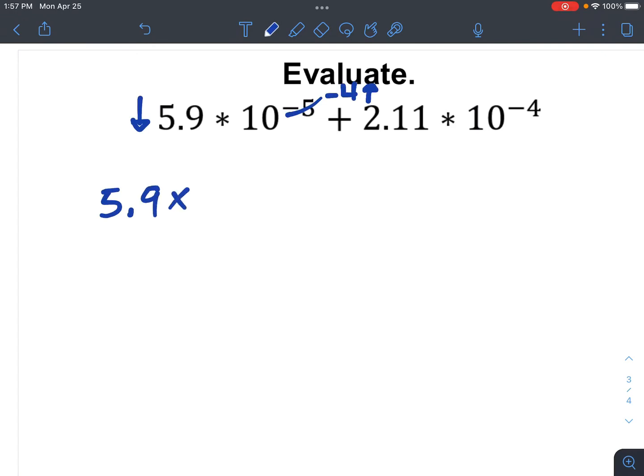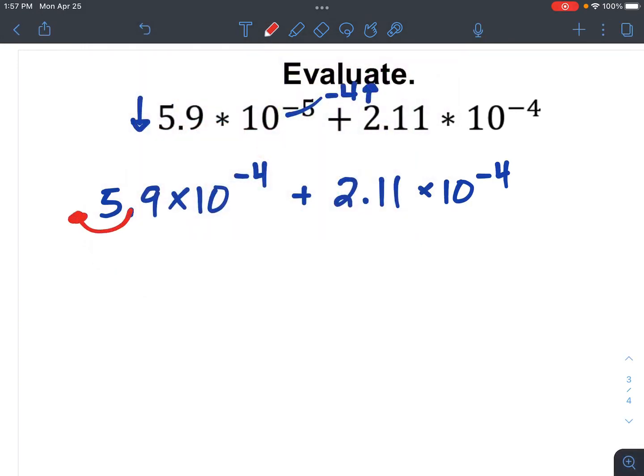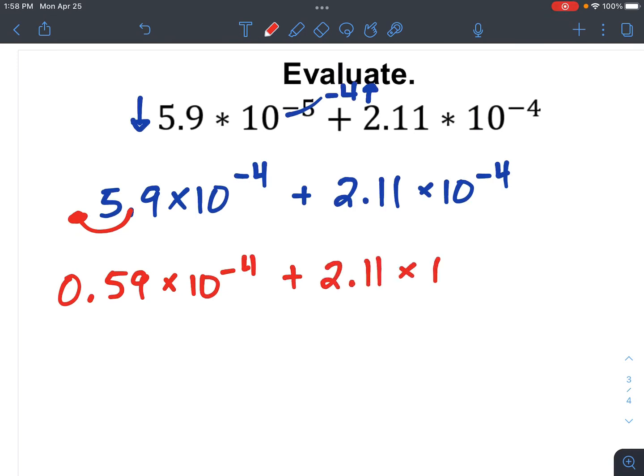So let's write down our numbers now. 5.9 times 10, we're changing it to the -4th power. And here, because it changed by 1, the decimal point had to move one place. So now we have 0.59 times 10 to the -4th. And we've got 2.11 times 10 to the -4th.